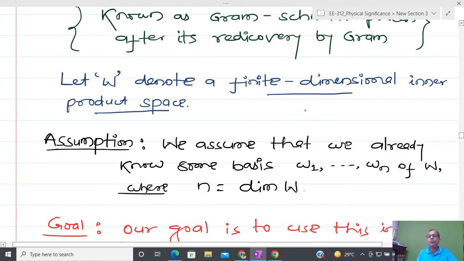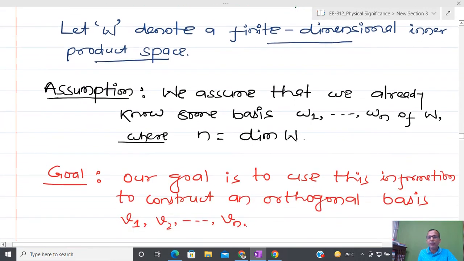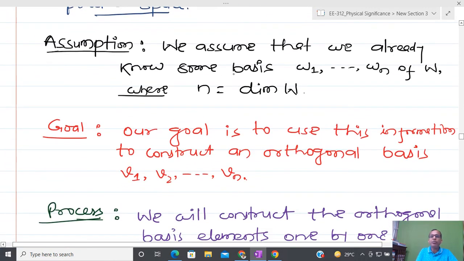The notion of norm, as I have already told you, gives us the idea of the length of a vector. Now we assume that we already know some basis w1, w2, ..., wn of W. So I have some space W that is finite dimensional, and I am assuming its basis is w1, w2, ..., wn, and n is the dimension of W.